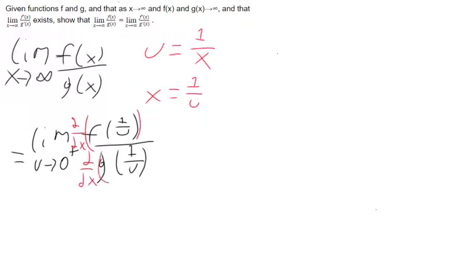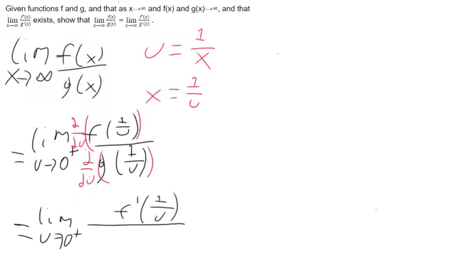So we'll do that. And we will say that this equals the limit as u approaches 0 from the right. So the derivative of f of 1 over u is going to be f prime of 1 over u, but then we will use the chain rule and multiply by the derivative of the inside function.